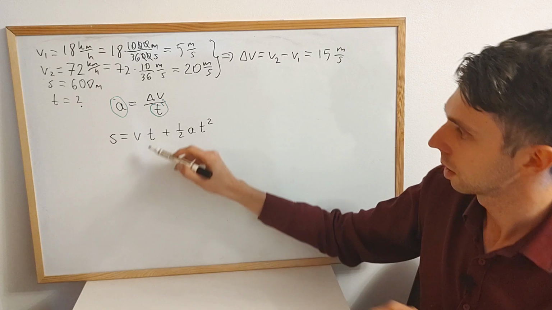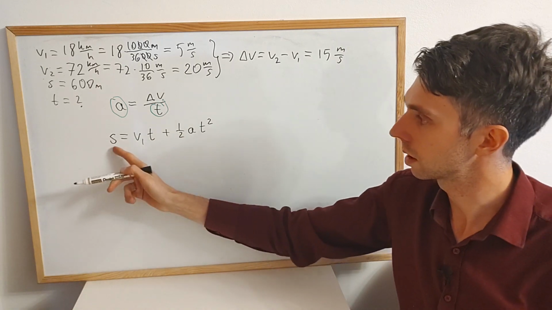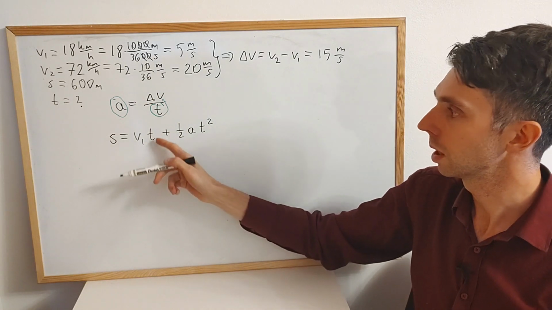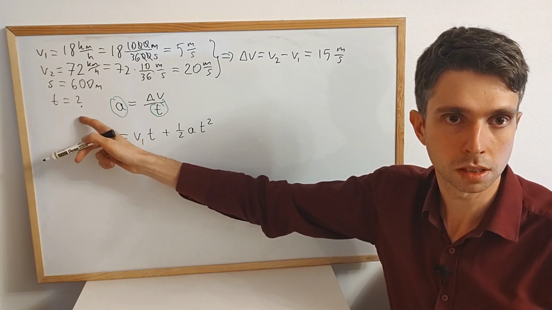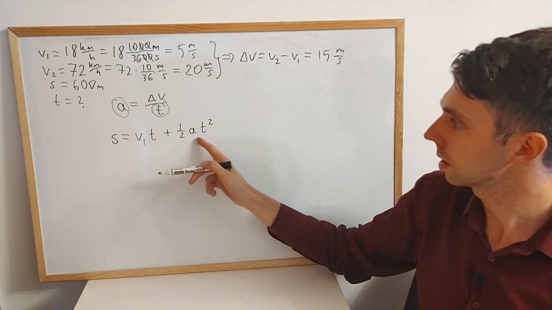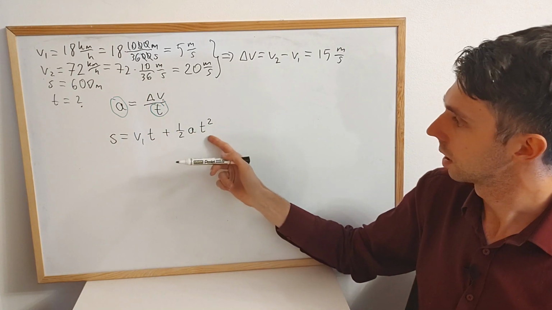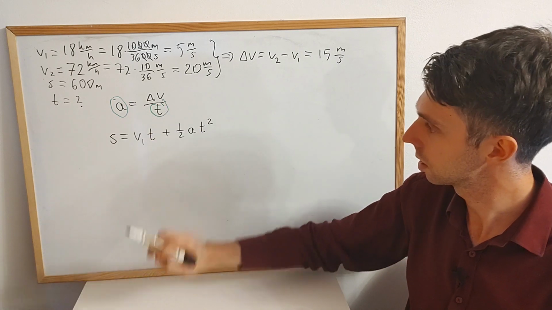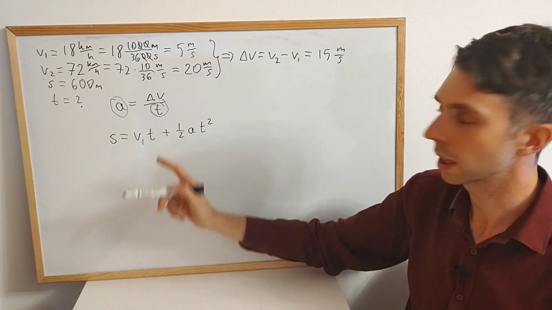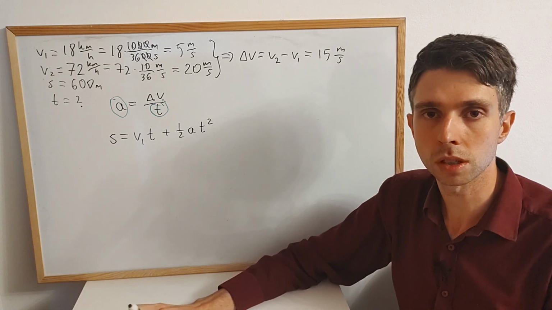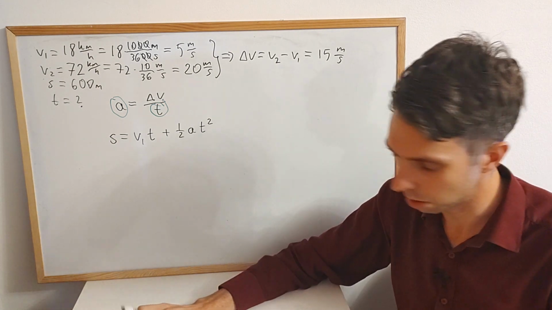So here let's put v1, and it's nice because distance we know, v1 we know, t we don't know, but it's our unknown, a is second unknown. So now we have two equations or system of two equations with two unknowns.